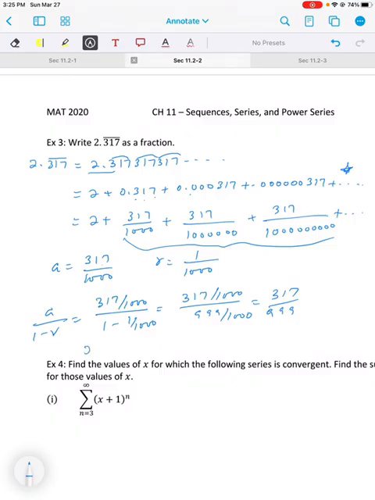So our value, 2.317 repeating, will be equal to 2 plus 317 over 999, and you take a calculator and do that summation, and you'll notice that you get 2315 over 999.